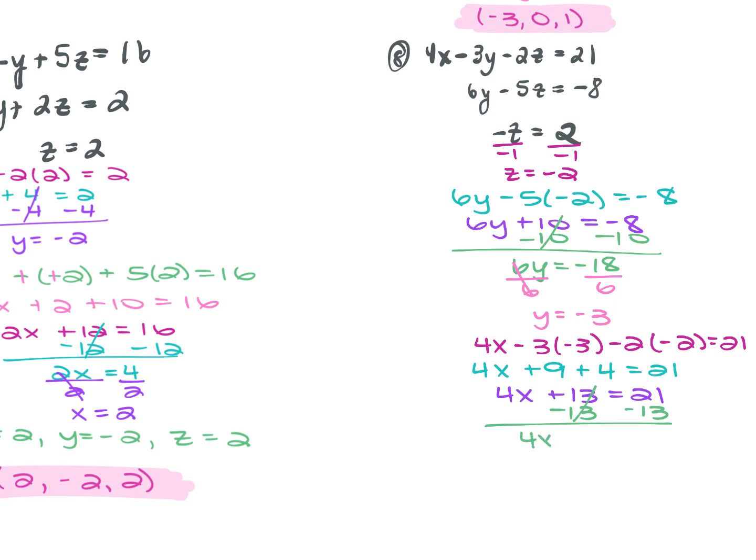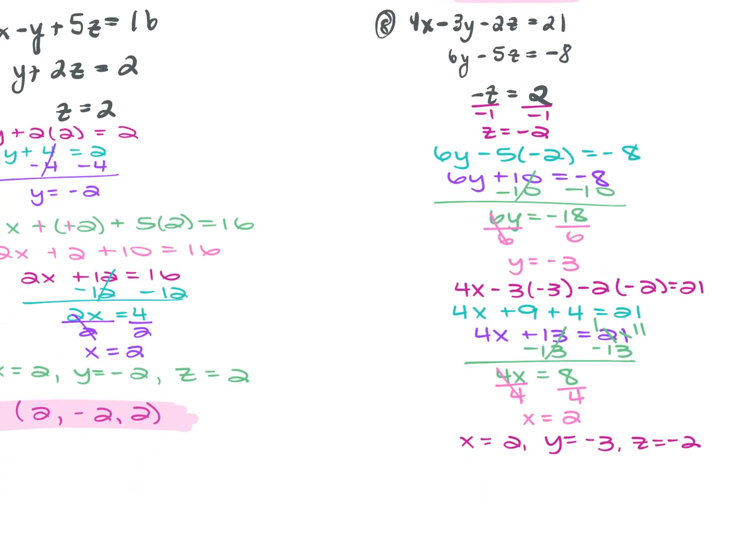You have 4x is equal to... the 1 turns into 11, making the 2 a 1. So 11 minus 3 gives us 8. We divide each side by the 4, and that gives us that x is 2. So we have an x that's 2, a y that's negative 3, and a z that is negative 2. So our ordered triple for this one is 2, negative 3, negative 2.